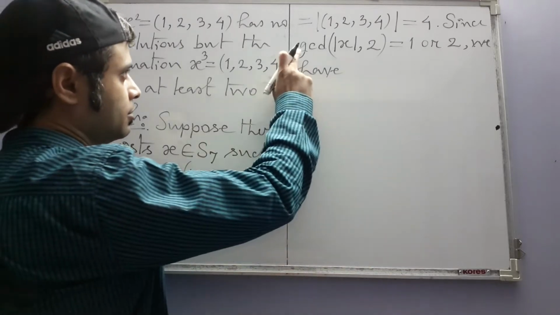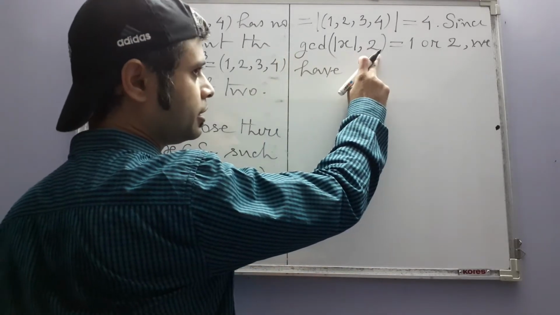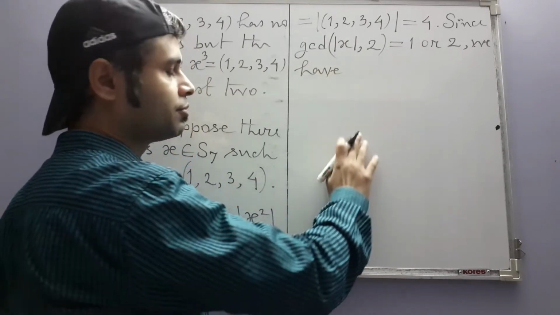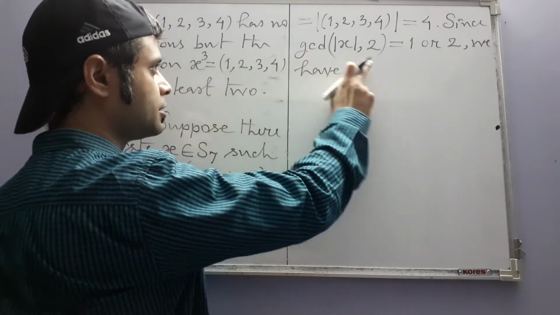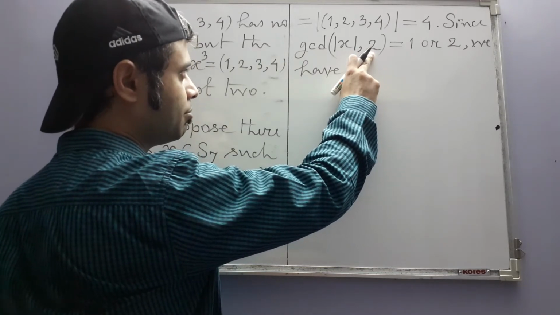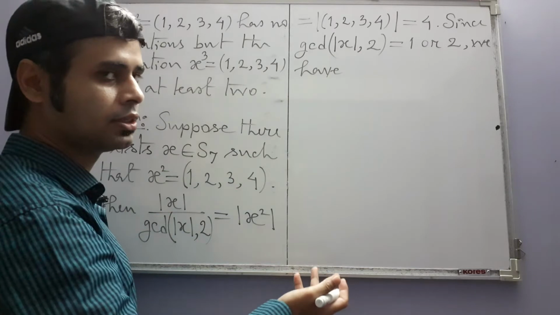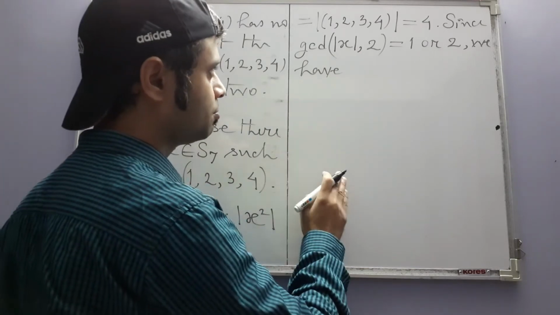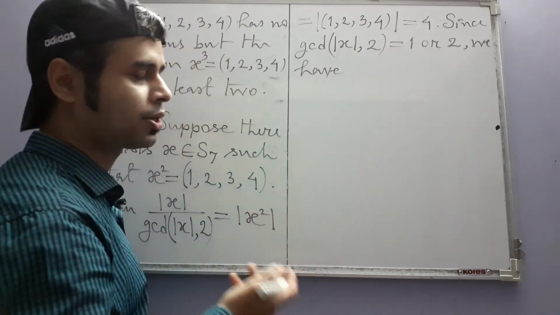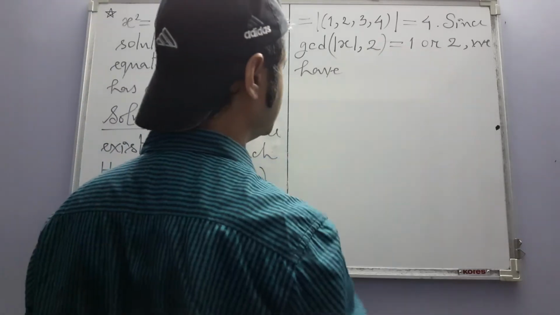You see, the GCD of two integers of course is something that has to divide both of them. So the GCD should divide 2, but at the same time the GCD by definition is a positive integer. So there are only two positive integers that divide 2, 1 and 2. That is because 2 is a prime number. That's why we are having this.